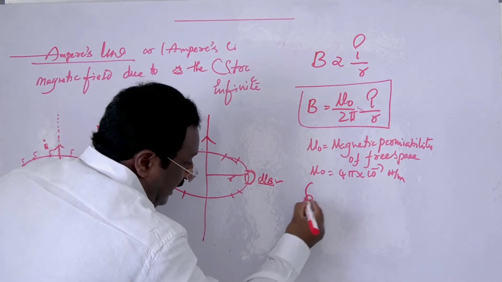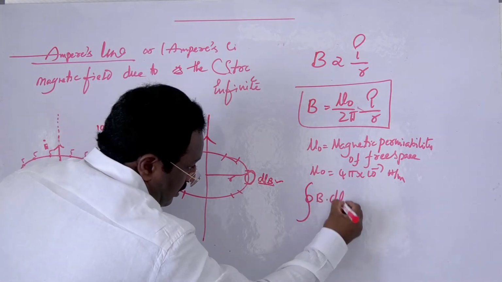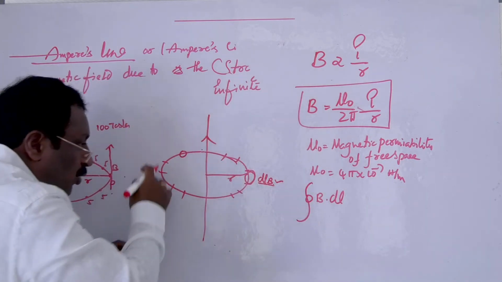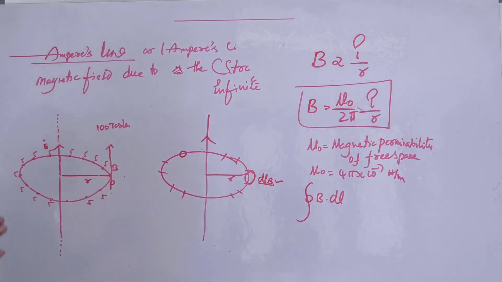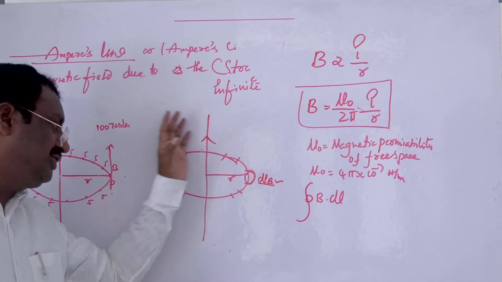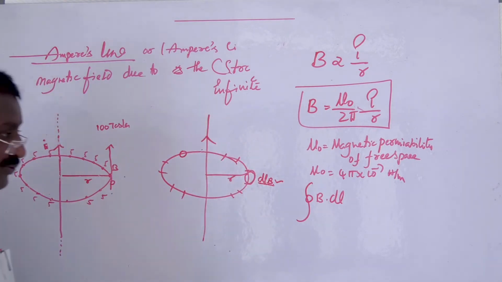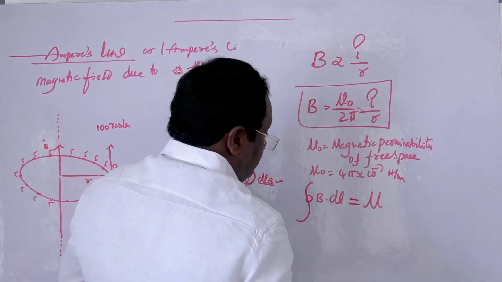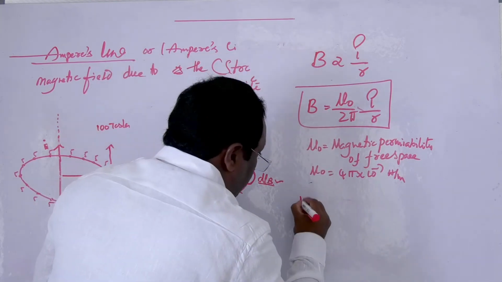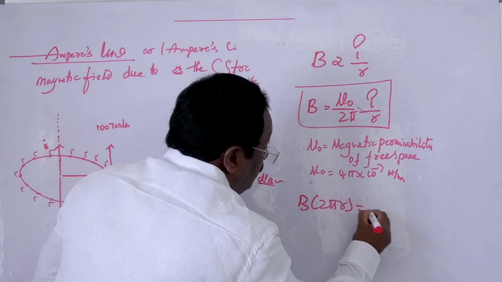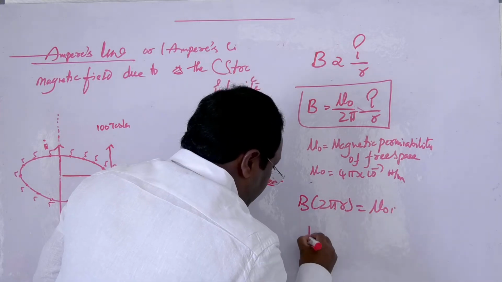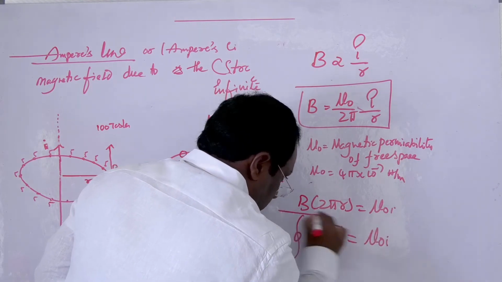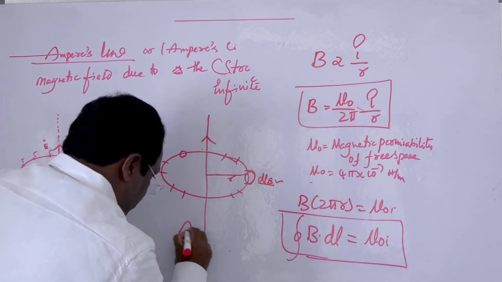If you take the line integral, this gives the total magnetic field, the vector sum of the magnetic field due to all these elements. B dl is equal to, taking B into 2 pi r, mu naught I. Instead of 2 pi r, we can write B into dl. So this is called Ampere's circuit law.